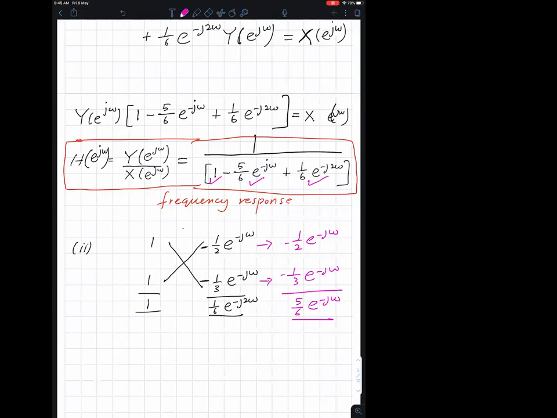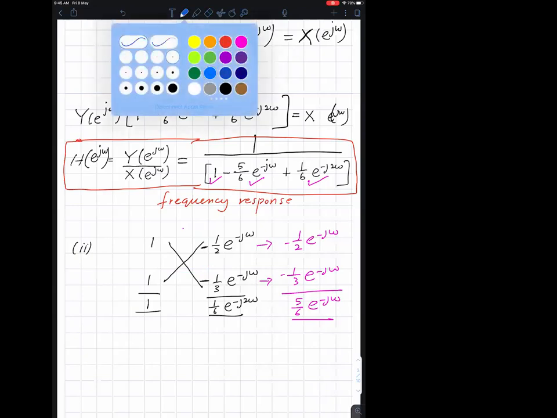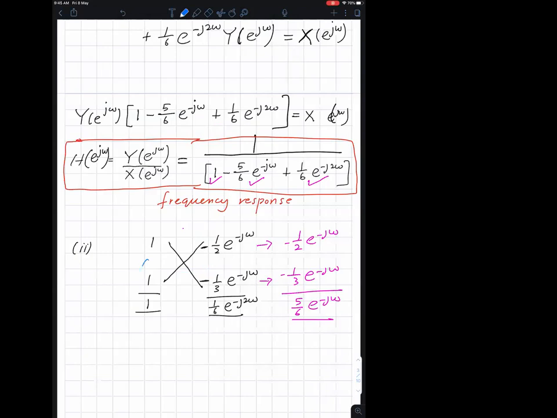So my factors are 1 minus 1/2 e to the minus j omega, and the other one is 1 minus 1/3 e to the j omega. So these are my factors.